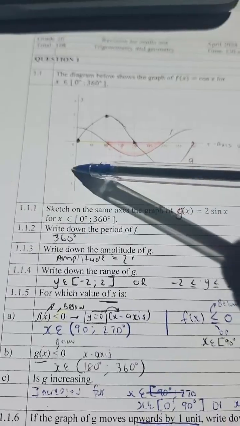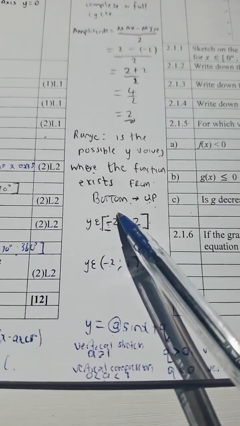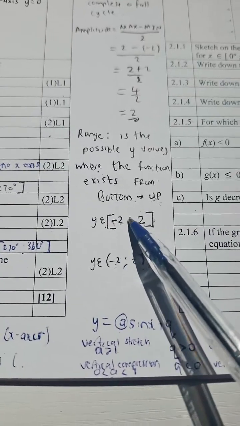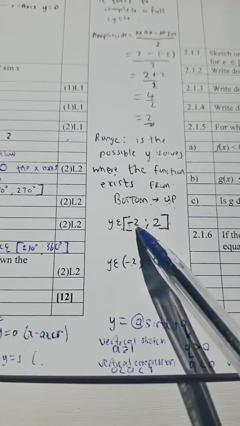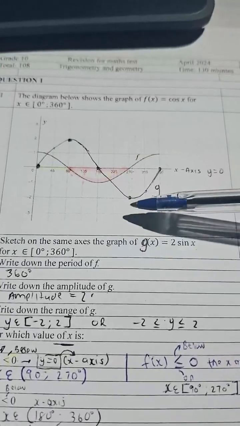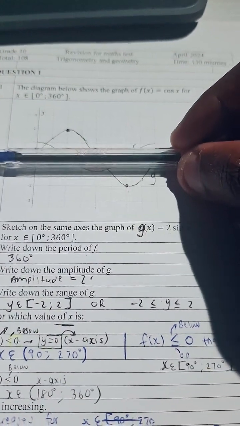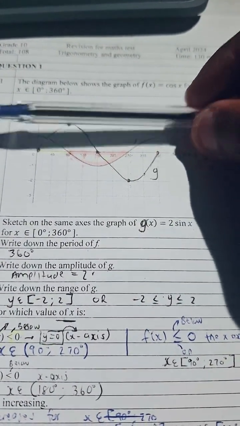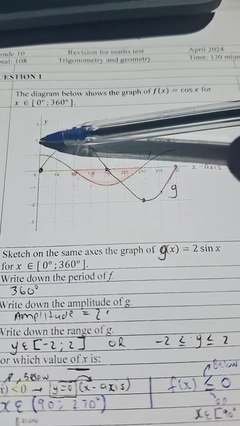So that's why we say y is an element, and when we write that element, we write square brackets to show that the negative 2, we are including that negative 2 as part of our answer. So from negative 2, the function exists, and look at it, it goes all the way to what? Look at the highest point that the function reaches, it's positive 2.